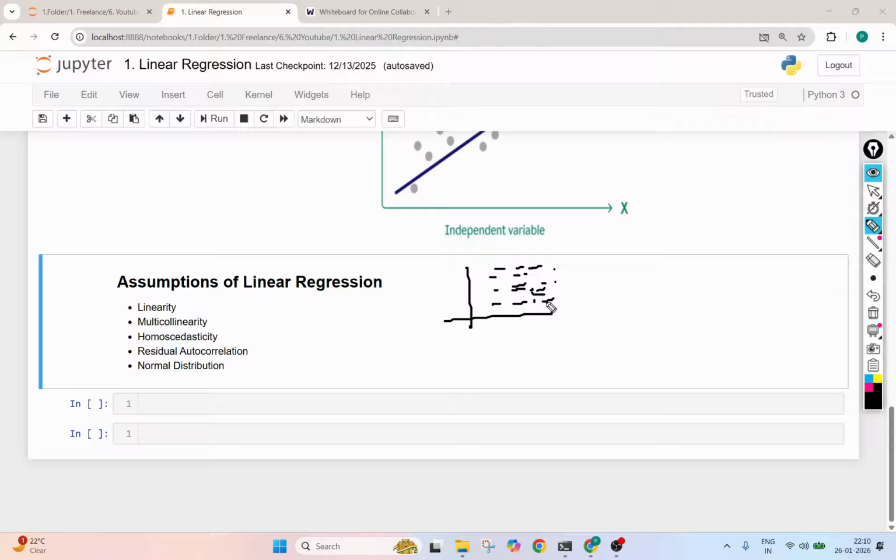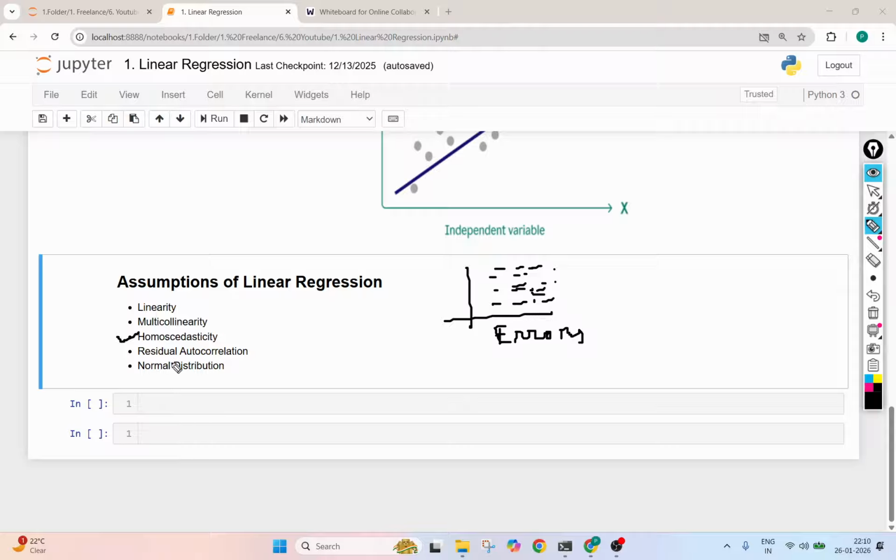So in simple words, the distribution should be very uniform. So this is the third assumption of linear regression. This is nothing but the distribution of error, right? Distribution of error should be uniform in nature. It should not change with respect to the data points.